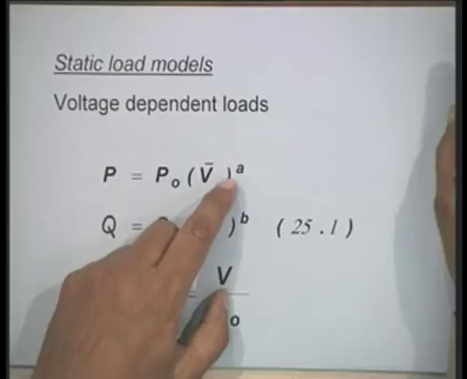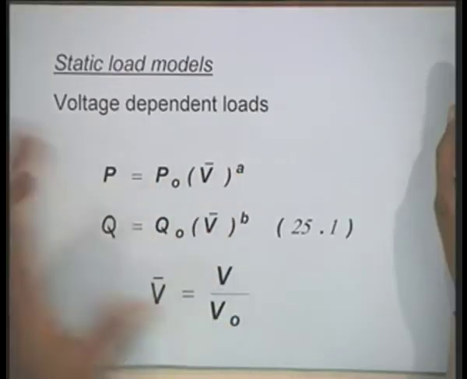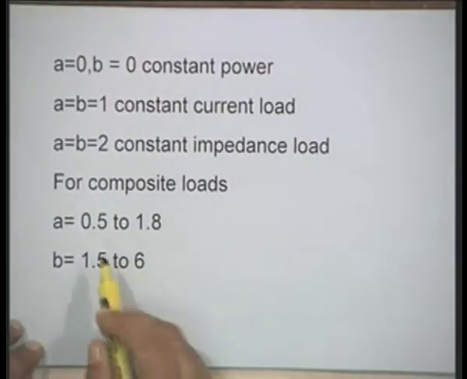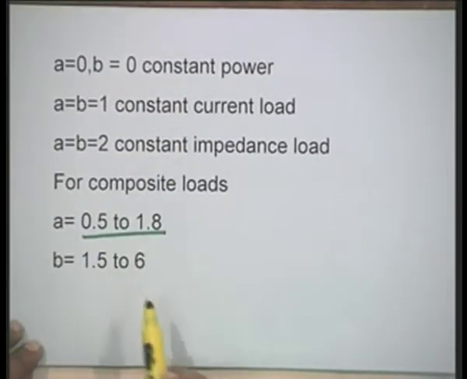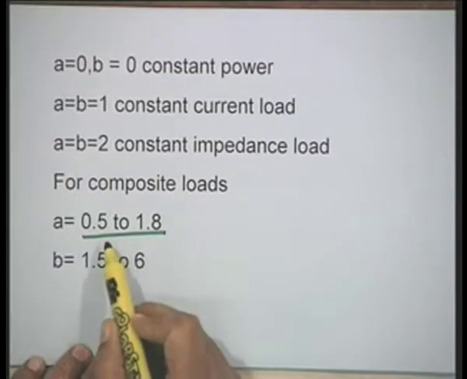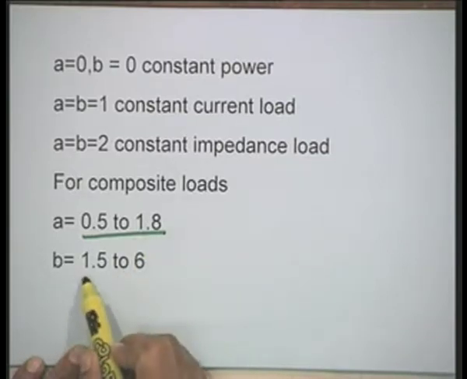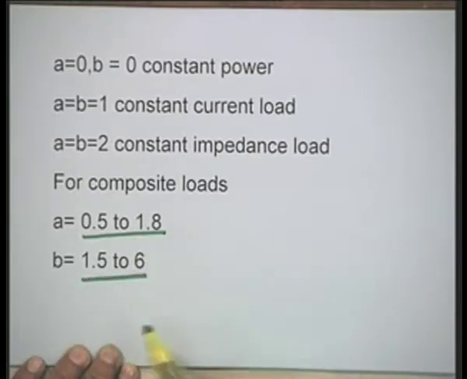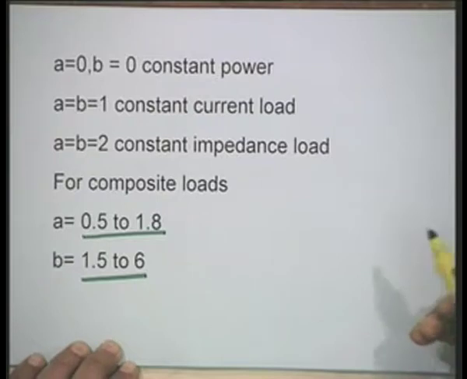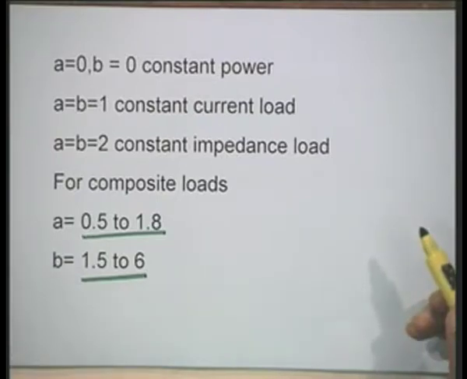Now, in case we want to represent a composite load, then these coefficients A and B will be different. For example, for a composite load, this index A varies from 0.5 to 1.8. Similarly, B has a wide variation, that is 1.5 to 6 for composite loads.